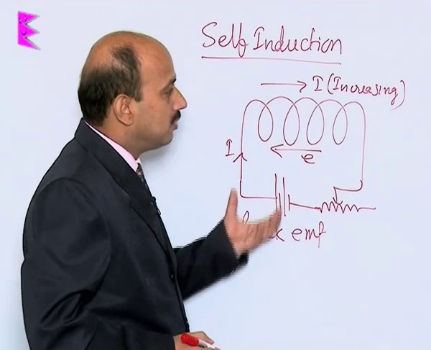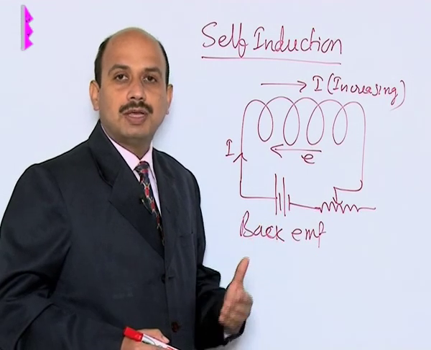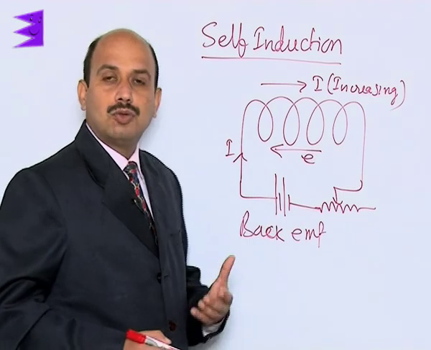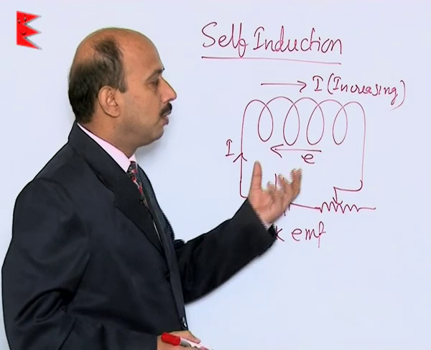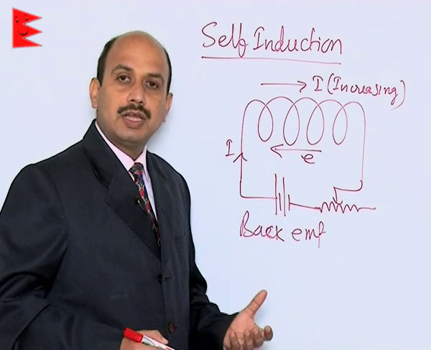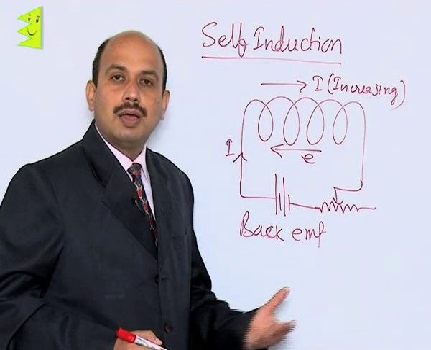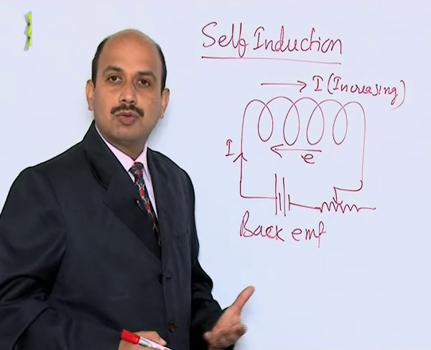So this EMF induced in the coil opposes the increase or decrease of the strength of current. So this phenomenon of the coil is known as self induction. Simply, this is the property of the coil by virtue of which it opposes increase or decrease of the strength of current in the coil by inducing an EMF, and this property is known as self induction.